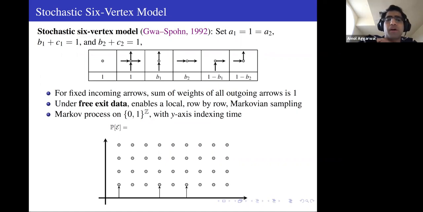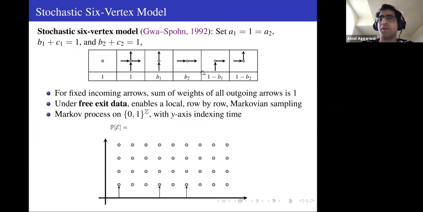You might observe that under this assignment of weights, for any incoming set of arrows, for example in the B1 weight and the C1 weight, I have 1 vertical arrow incoming. The way in which arrows exit after that is different, but I'm fixing that I have exactly 1 vertical arrow incoming and no horizontal arrows incoming. You can see that the sum of the weights of all outgoing possibilities is equal to 1.